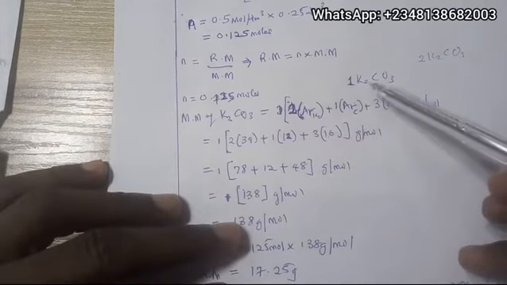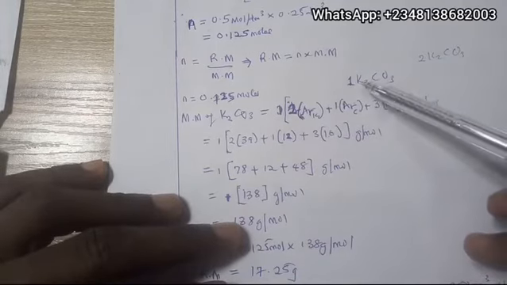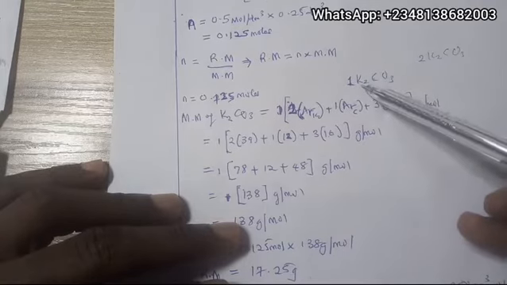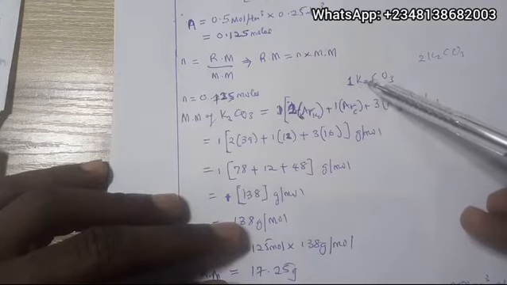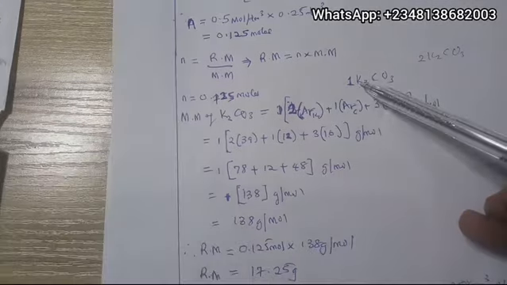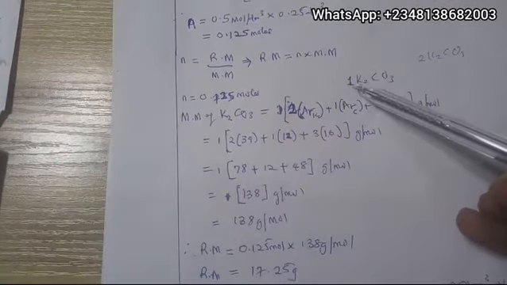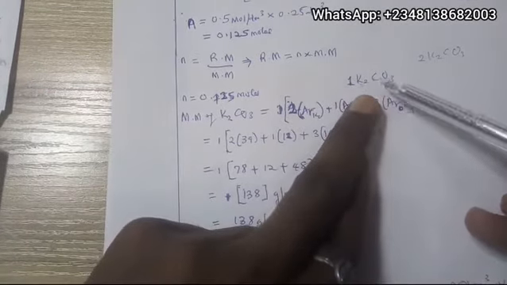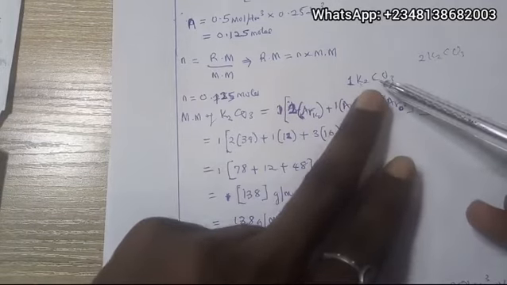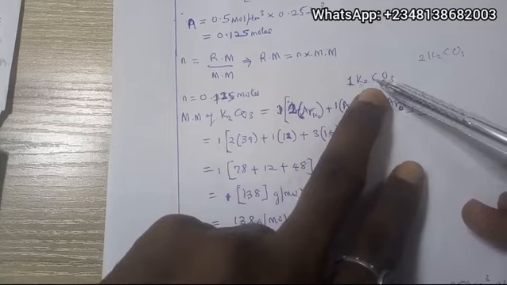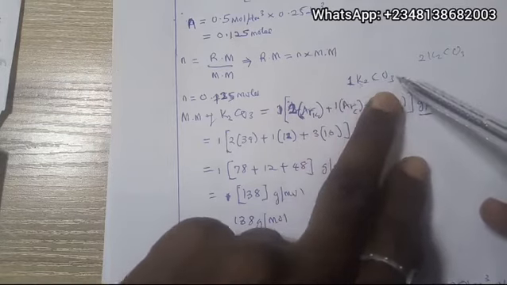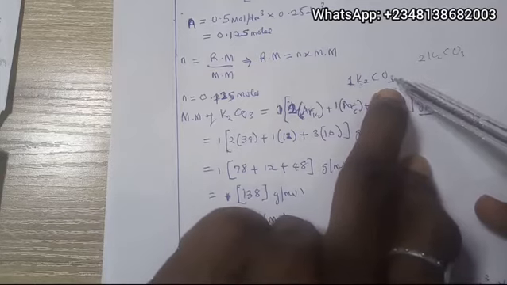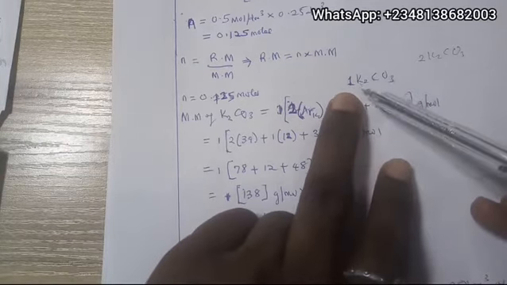Now, how do we calculate this molar mass? There are 3 elements here: potassium, carbon, and oxygen. And the subscript 2 here means that there are 2 moles of potassium atom in 1 mole of potassium trioxocarbonate(IV). Here is 1, which means there is 1 mole of carbon atom in 1 mole of potassium trioxocarbonate(IV). This O3 means that there are 3 moles of oxygen atom in 1 mole of potassium trioxocarbonate(IV).